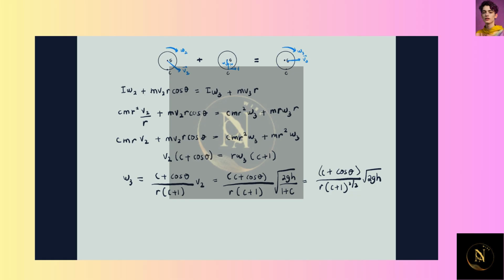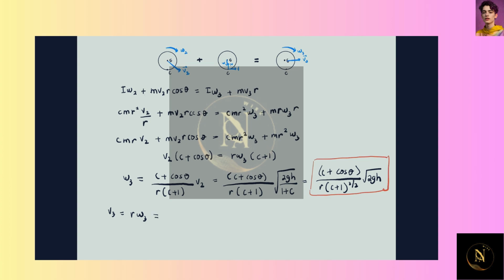So this is the expression for our omega sub 3. Now, solving for v sub 3, v sub 3 is equal to r omega sub 3.